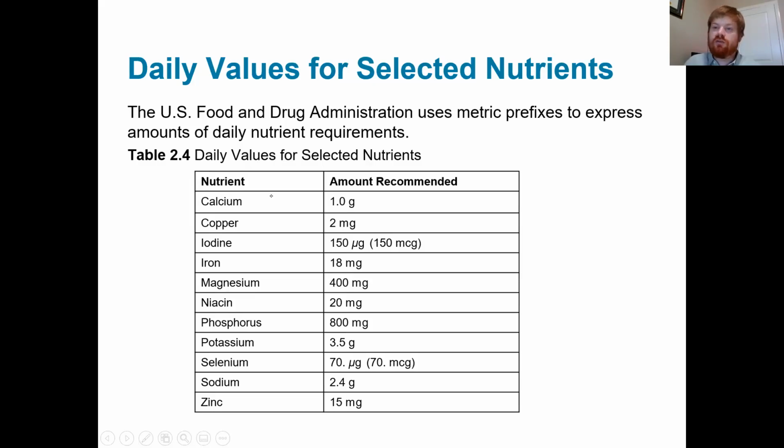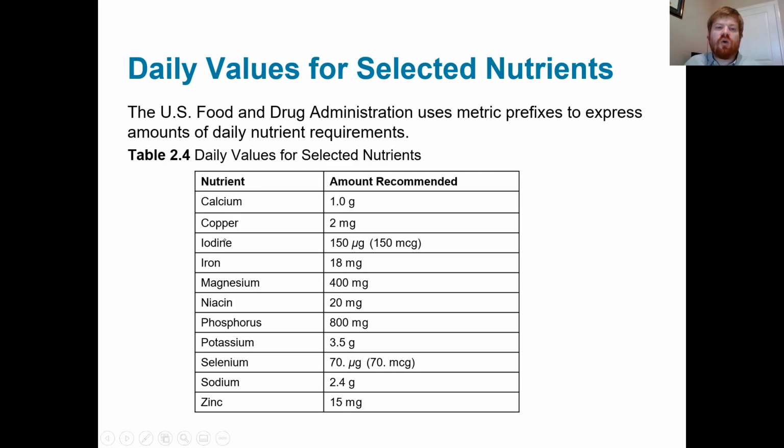Well, that's because you need quite a bit of calcium to keep your bones nice and strong. Copper, though, is very rarely used in our bodies. You don't need much of it. In fact, you only need 2 milligrams per day. Iodine is very important that you have in a certain amount, but it's also very dangerous. It can be poisonous if you have too much iodine.